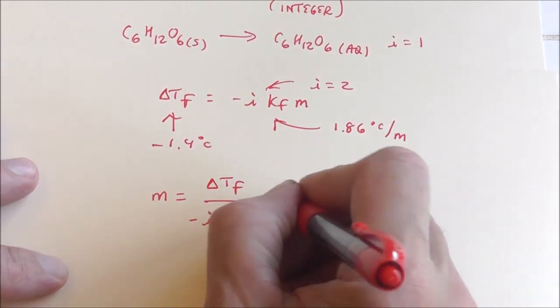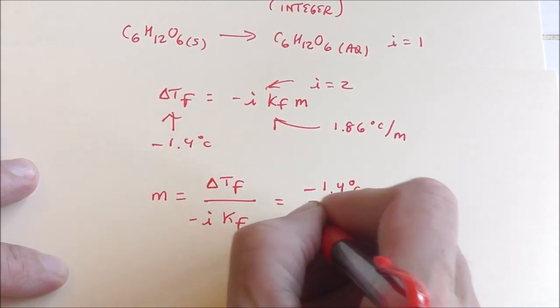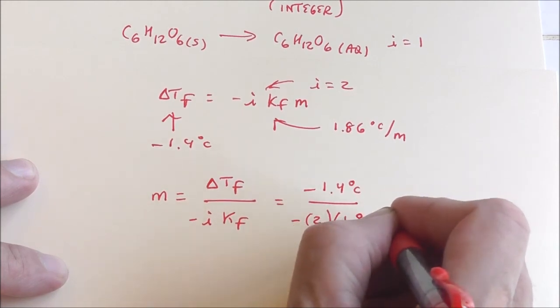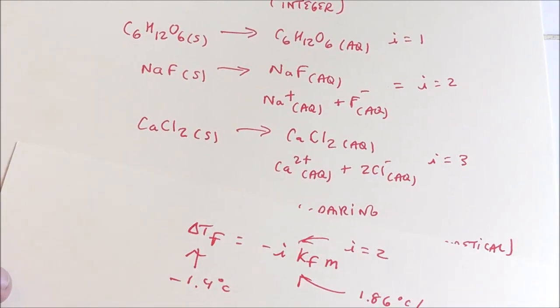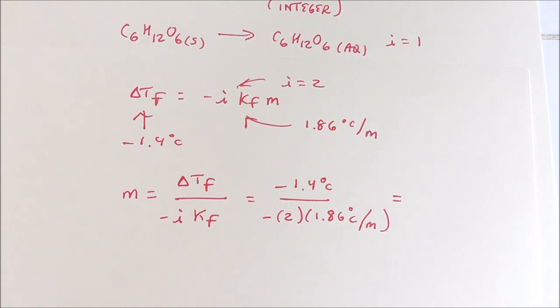And so let's plug it in there. Minus 1.4 degrees C over minus 2 times 1.86 degrees C per molality unit. Very similar to the last one, we will have units of molality when we get done with this.